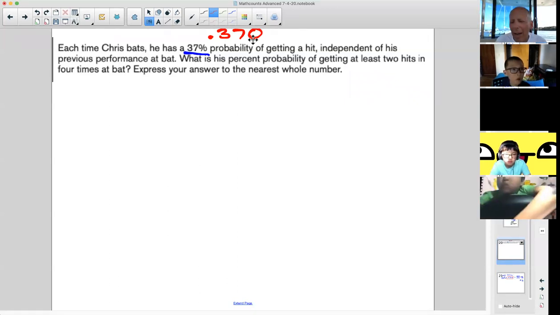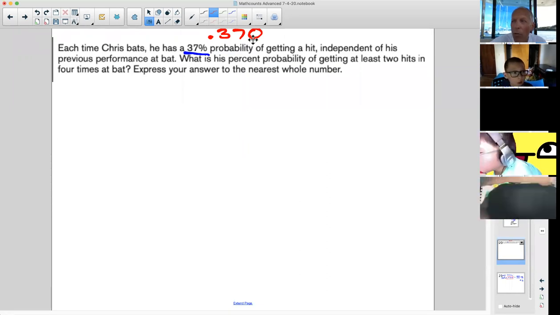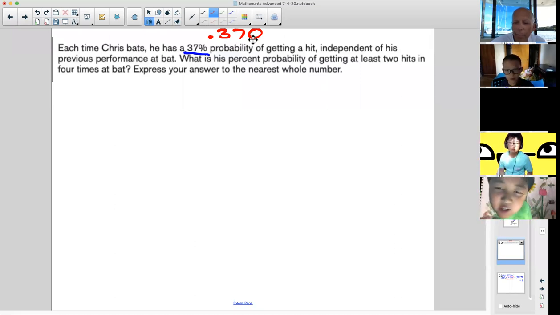Well, you know what? I have to tell you this, guys. When I played baseball in high school, I batted .540. But do you know why? Because the pitchers aren't as good.